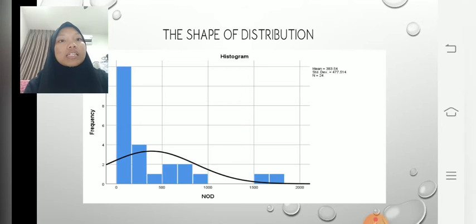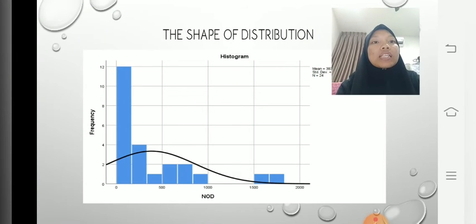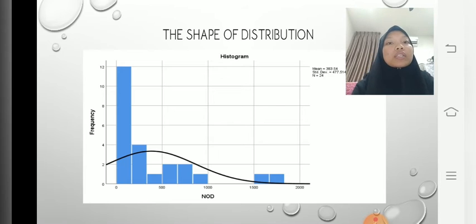So this is the shape of distribution in what we call a histogram. In the previous data that we calculated, the mean is 420.75.